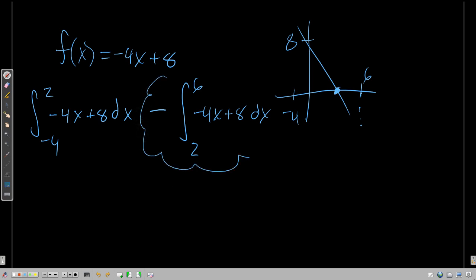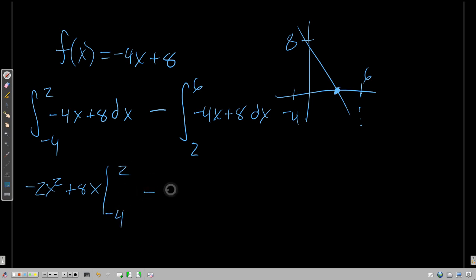In other words, all of this is a positive number. Okay, then the antiderivatives are minus 2x squared plus 8x, evaluated between -4 and 2, minus a minus 2x squared plus 8x evaluated between 2 and 6.